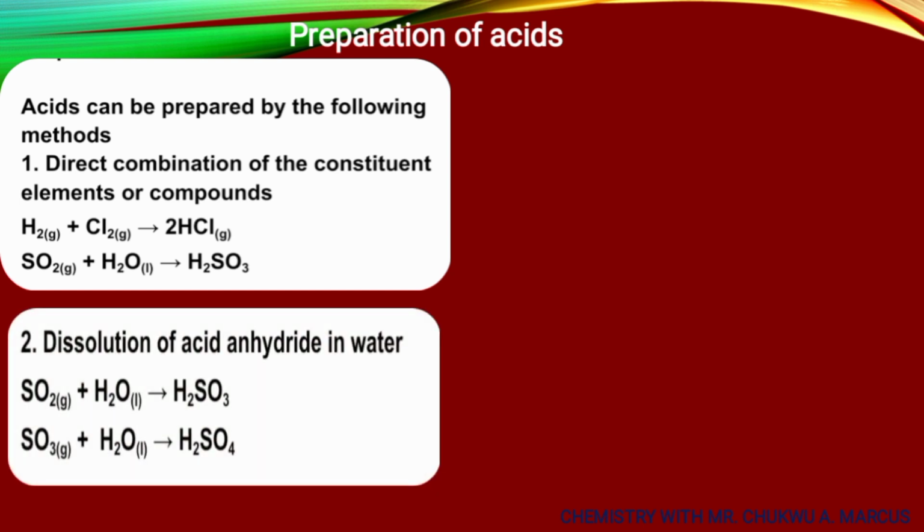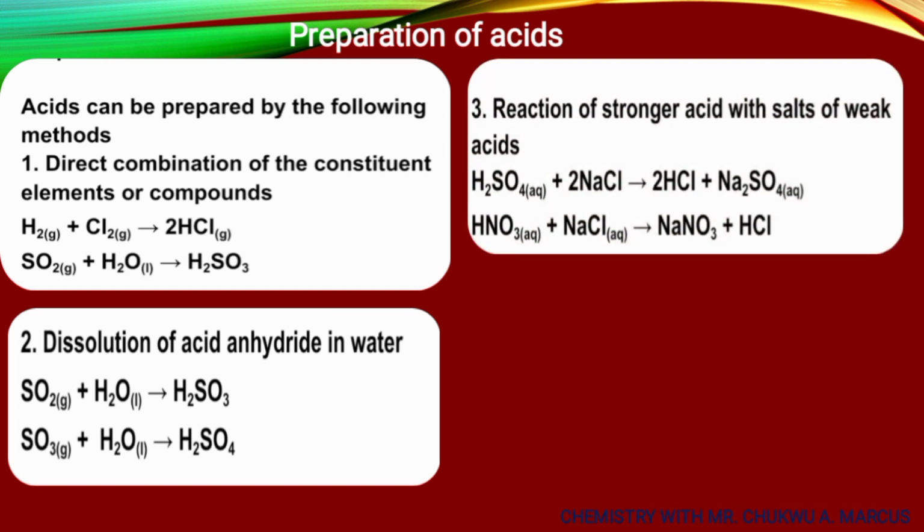Now we have the solution of acid anhydride. Here it is the same thing, as it's very close to direct combination, but this is a special direct combination where water is one of the substances that is bonding with the other. So we have it as the solution of an acid. We still have another one, the reaction of a stronger acid displacing a sort of weaker acid.